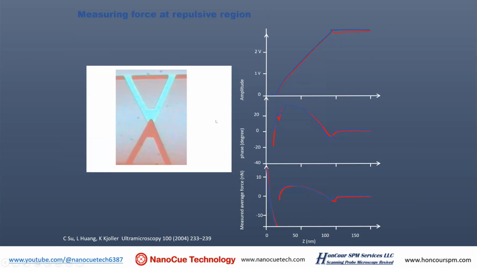The third line is from this scientist, Dr. Huang, and Kevin Kohler, and what they did is that they actually did tapping engage using one cantilever on top of another cantilever. They used the first cantilever to manipulate the amplitude and the set point, and they used the second cantilever to actually measure the deflection force, so actually measure the force. And so the third curve here is actually a force measurement, the actual force.